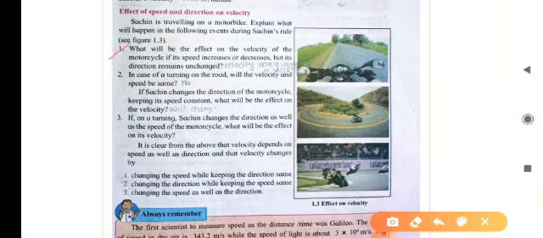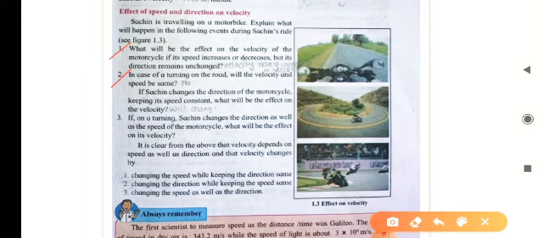Second, in case of a turning on the road, will the velocity and speed be the same? If Sachin changes the direction of motorcycle, keeping its speed constant, what will be the effect on the velocity? Third, if on a turning, Sachin changes the direction as well as the speed of the motorcycle, what will be the effect on its velocity?